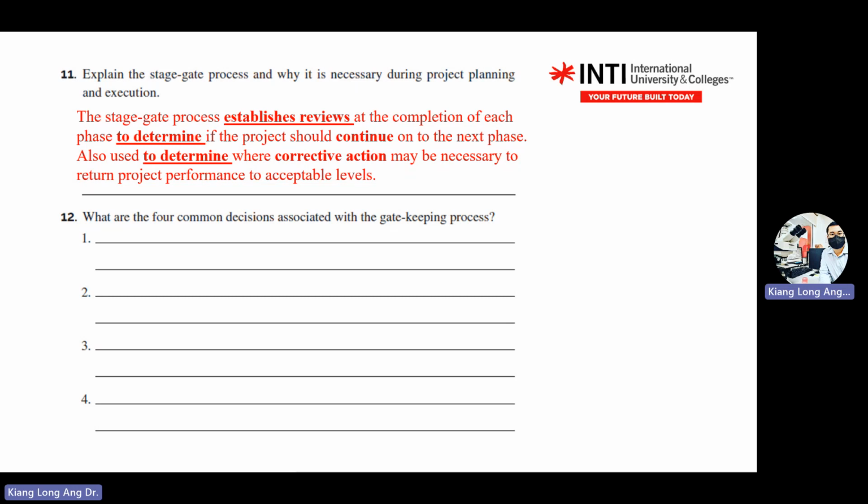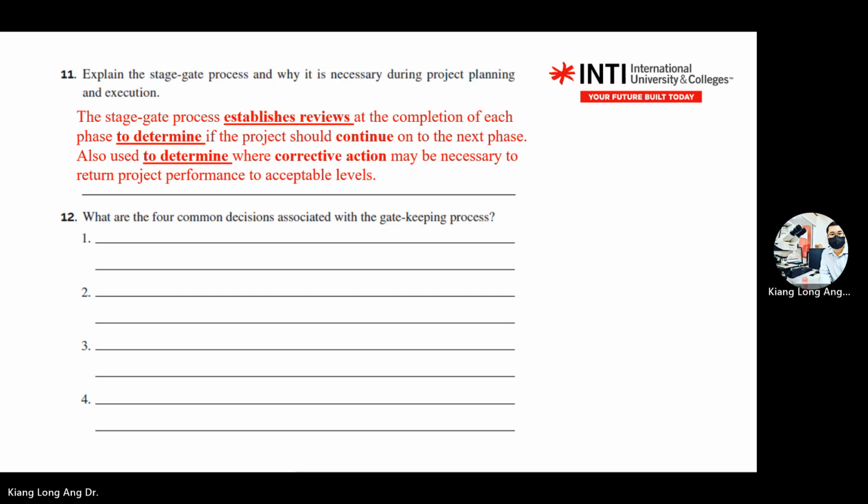Cancel is the last one, which means no go, not proceed. You hold, then what do you need to do? Review, what do you need? You are missing the keyword. Information. You hold, but you need to give more input.